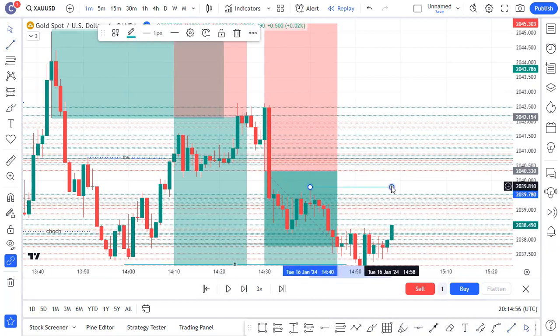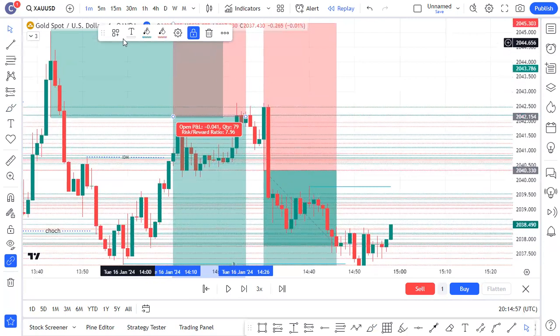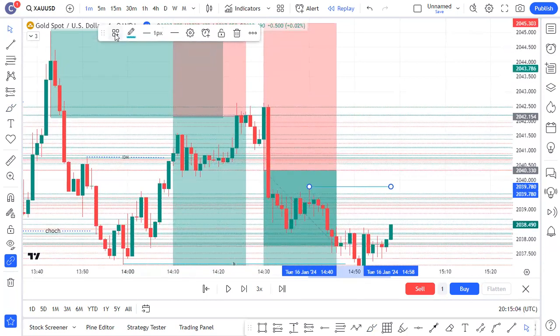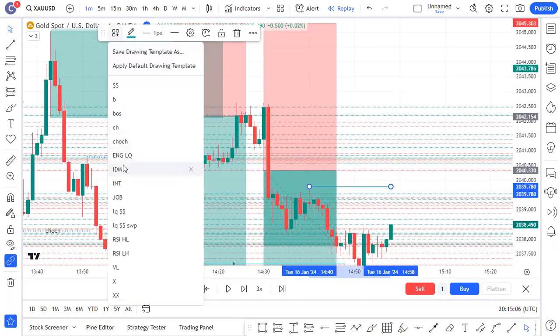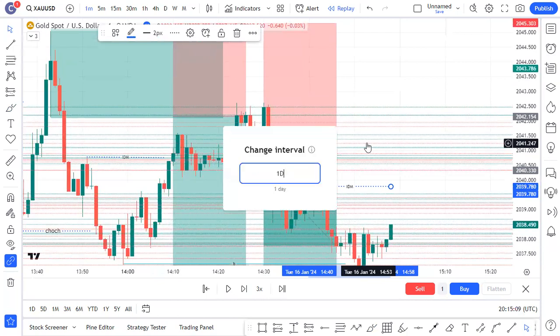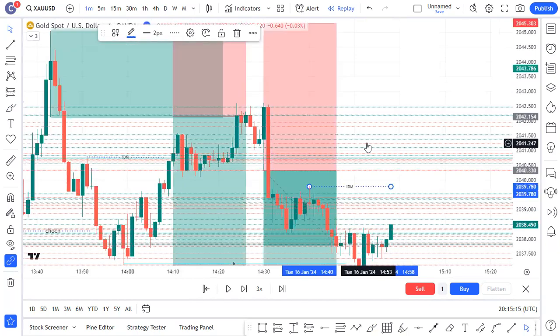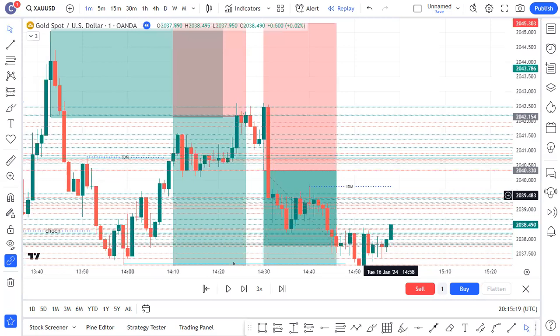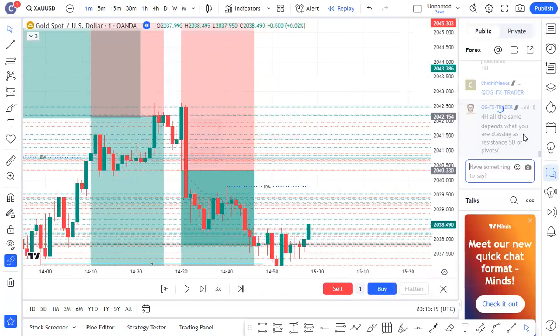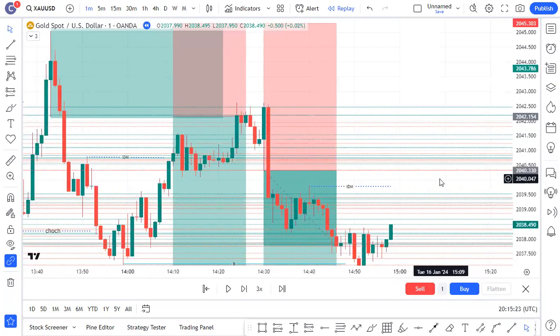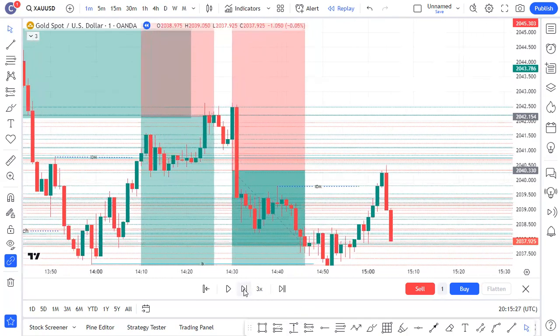Use this one as the inducement. Sorry, let me just change this to this. We want to see how the market is reacting. So I want the market to come back, take out the inducement, then we see what it's going to do next. So let's see. Going up, it has taken out the inducement.